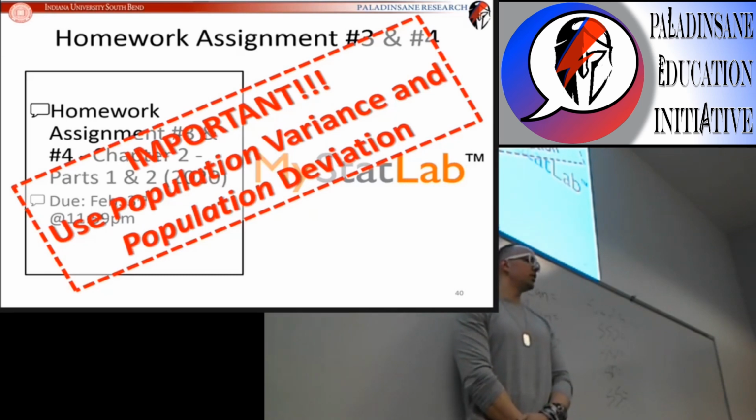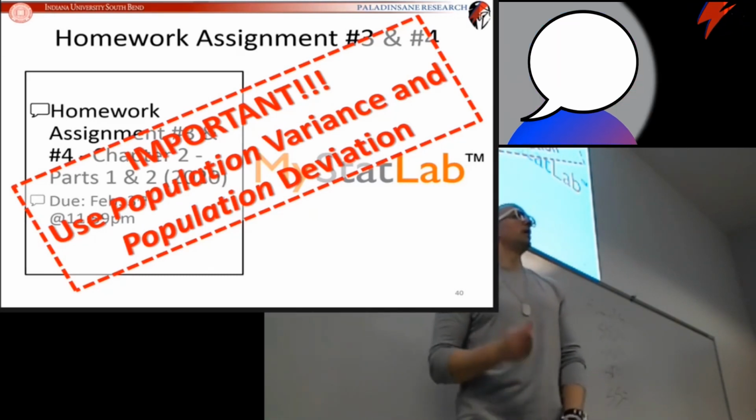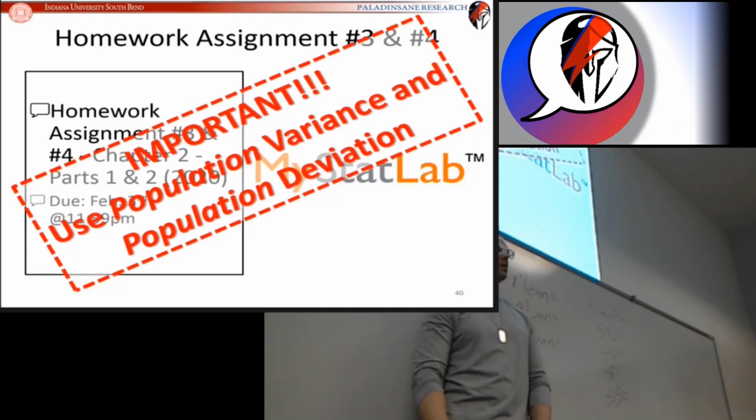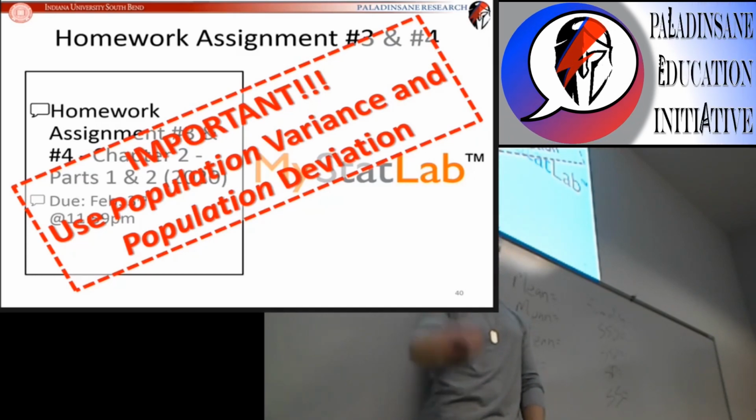So when you're doing your homework, number one, make sure that you're using population variance and population standard deviation. And then also, in your homework, make sure as much as you can, you're doing things in Excel. So there's ways of downloading the scores into an Excel sheet so that you can have those in Excel.